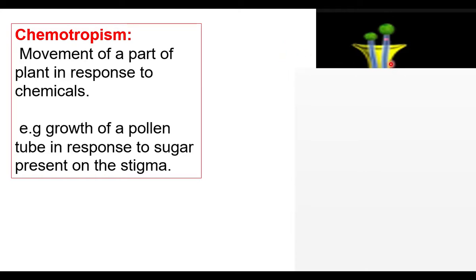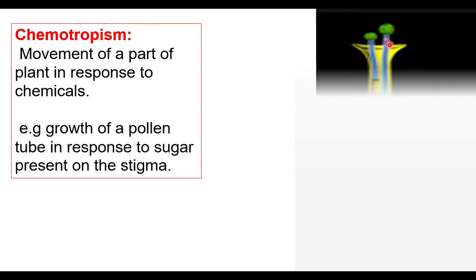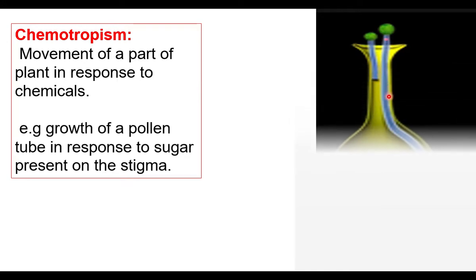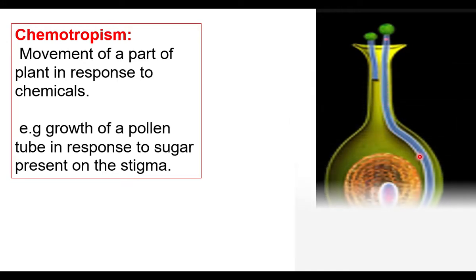During pollination, the pollen grains fall on the stigma. The stigma has a sugary substance, a chemical, sugar. This chemical attracts the pollen tube, so the pollen tube grows inside the style and reaches the ovule.